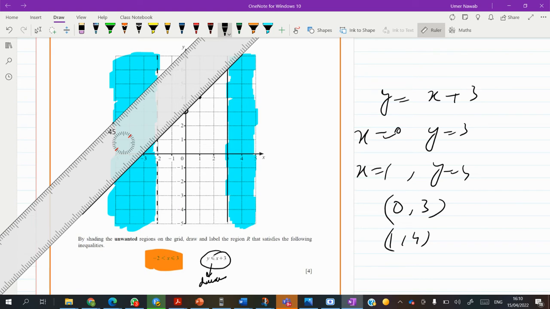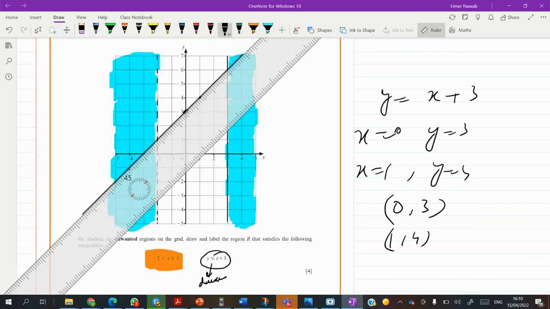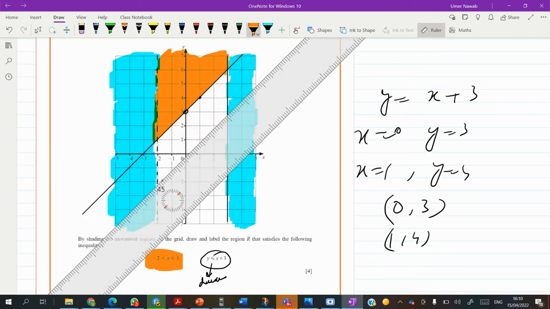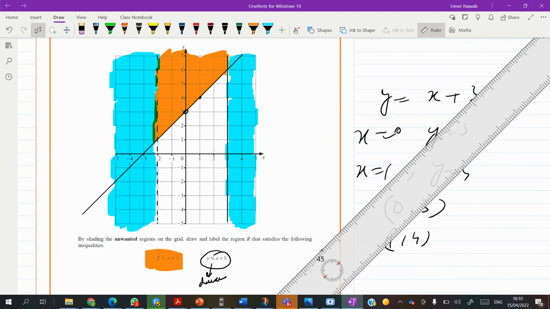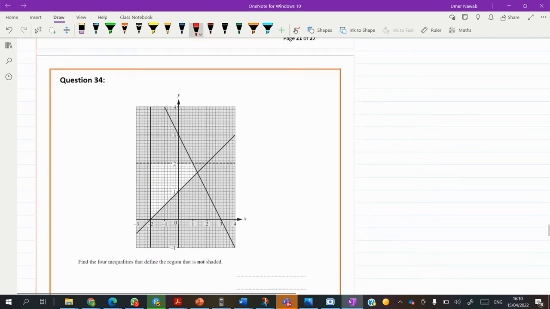Don't shade the downward portion, shade the upward portion. So which portion is the wanted? I have labeled it as R.